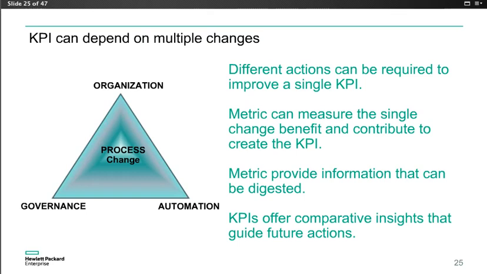Therefore, everything is related to other aspects, like this triangle shows us: when you change one of the processes, it depends on organization, governance, and automation. It's not separate, so that you create just an organization change and you are able to measure how well this organization change impacts your process. It's really good to understand that everything is connected and related to each other.